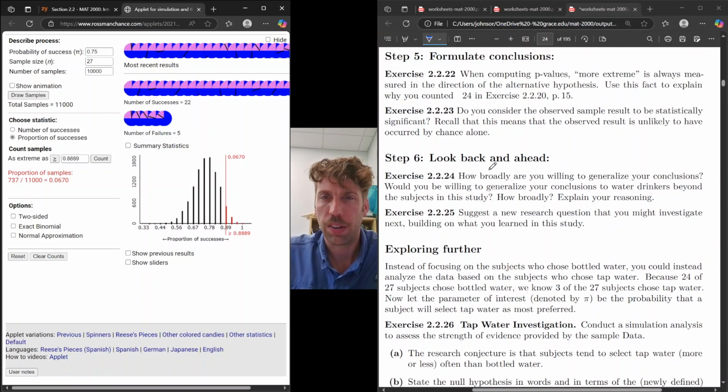Wait, I forgot to read number 24. How broadly are you willing to generalize your conclusions? Would you be willing to generalize your conclusions to water drinkers beyond the subjects in the study? How broadly? Explain your reasoning. So this is where you go back to the experiment and use your common sense and say, does this experiment seem like it's getting at all people?